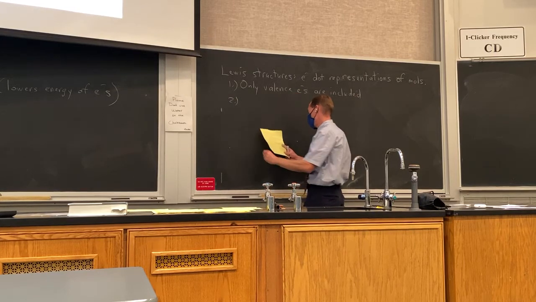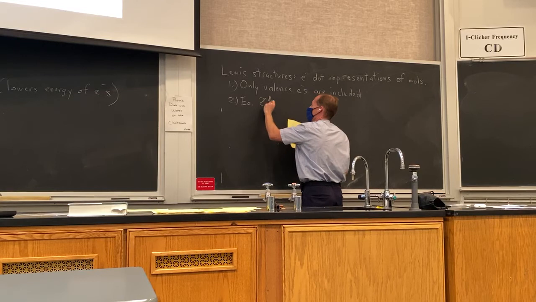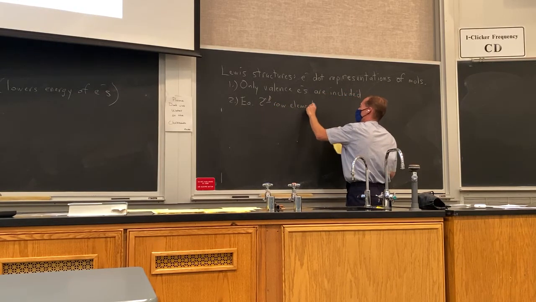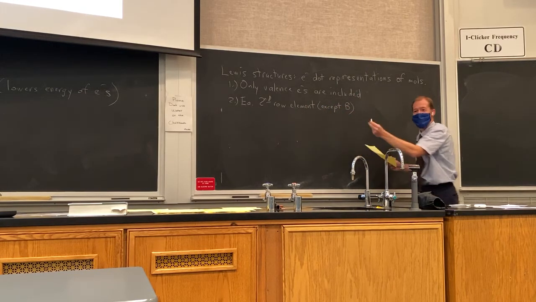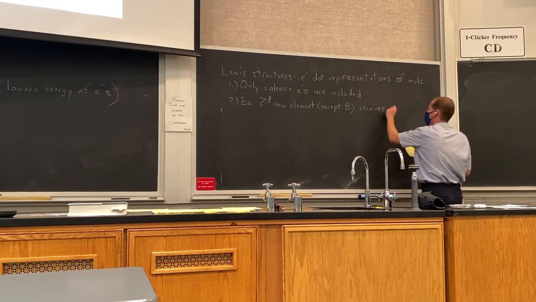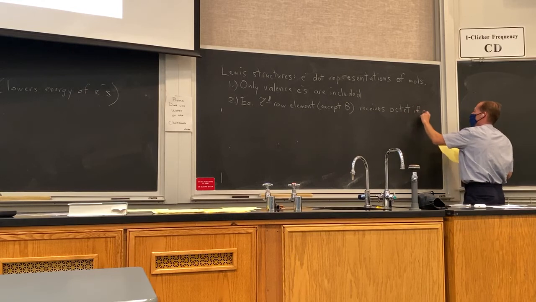second thing we need to remember, each second row element, except for boron, which we already talked about, receives the octet if possible.